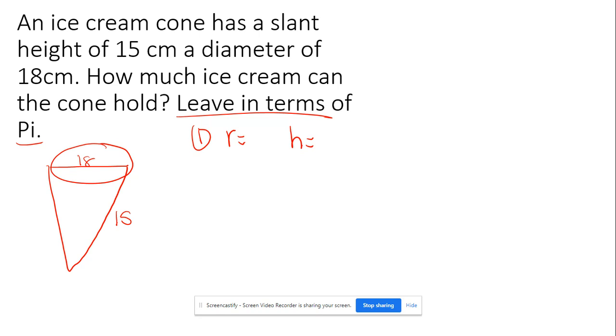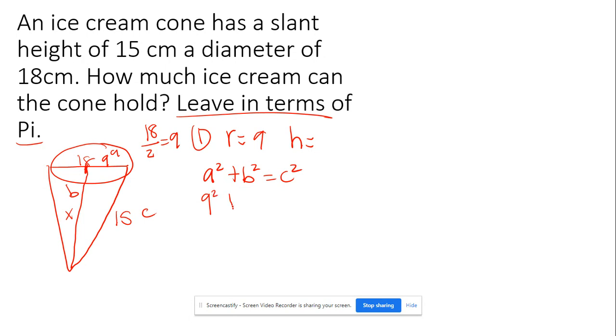Well, how do I find my r if I have my diameter? Hopefully you're thinking, well, half, Miss Cook. So my radius is 9 because 18 divided by 2 equals 9. Now my height, I want to find this height right here, the x. Well, I don't have it, so I have to use the Pythagorean theorem. So a squared plus b squared equals c squared. Label your triangle. This is C, A, and B. Your slant height will always be your C. There's a little hint.